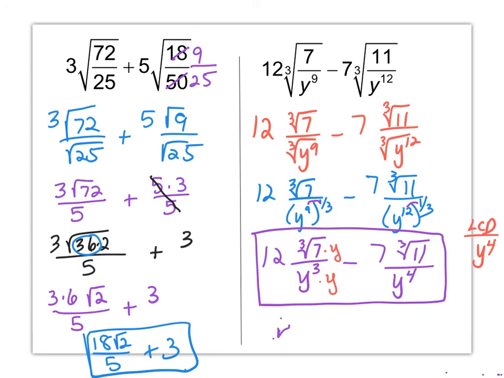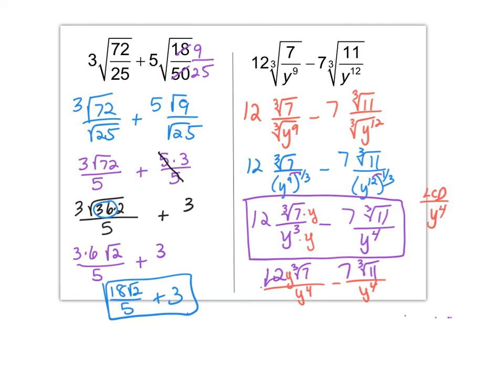With that result, we get 12 times the cubed root of 7 times y. Now it's preferable to write that y in front of the radical so as not to confuse that it's underneath the radical sign. It's not, so we want to put that out in front. All over y to the fourth, minus 7 times the cubed root of 11 over y to the fourth.